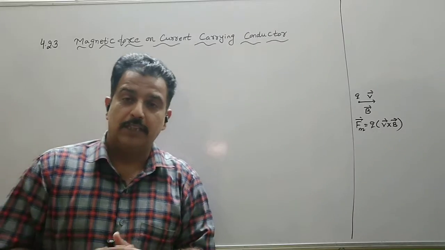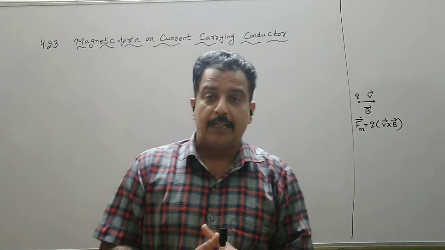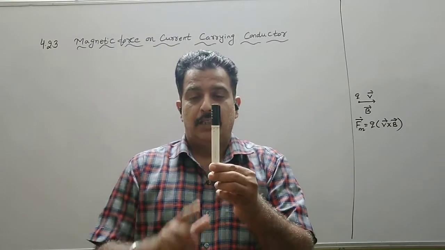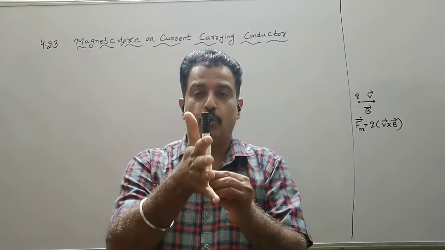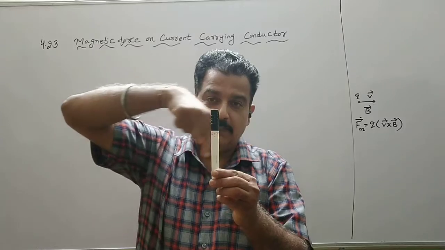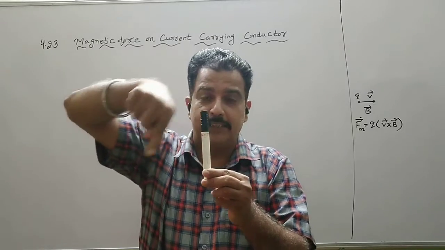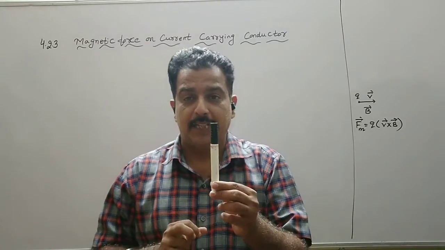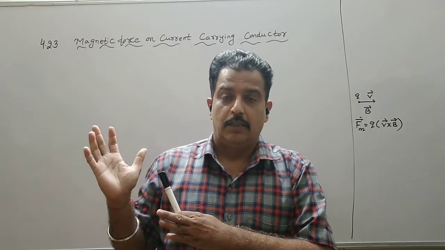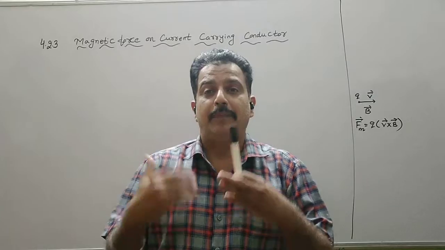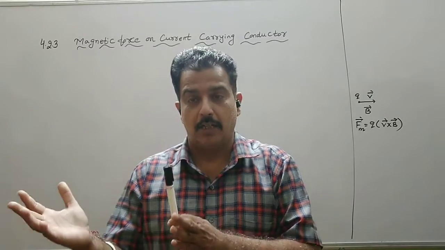However, we have also seen in the first lecture that if a wire carries a current I, then using the thumb rule we found a region around it which was referred to as a magnetic field. In this situation, we are taking the magnetic field which is external.